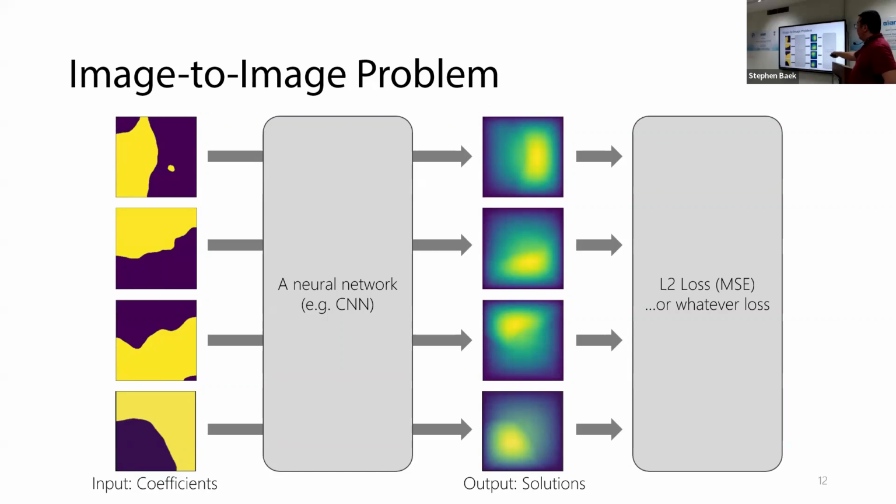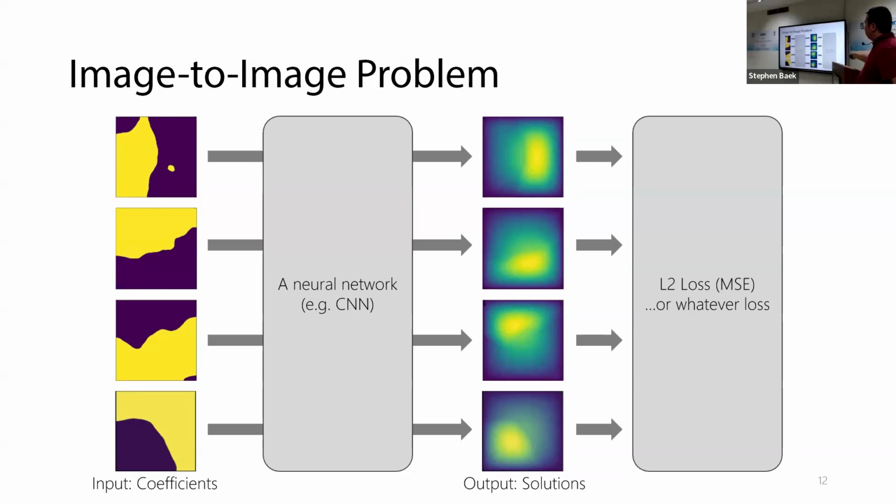Okay. And let's say we have hundreds of such pairs in the training data set. So what you ought to do is to train the network to be able to perform that conversion or the translation from one image to another image.